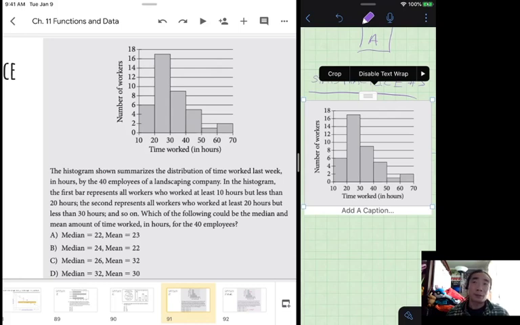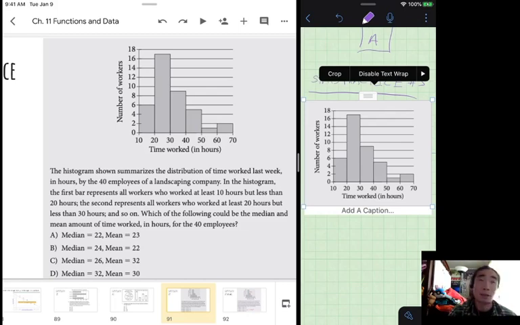Okay, so this one becomes a little complicated. We have to know how median and mean, those two measures of center, fit into a histogram. And the problem reminds you that histograms have this range. So we can't find, for example, who's the specific worker that worked 25 hours.